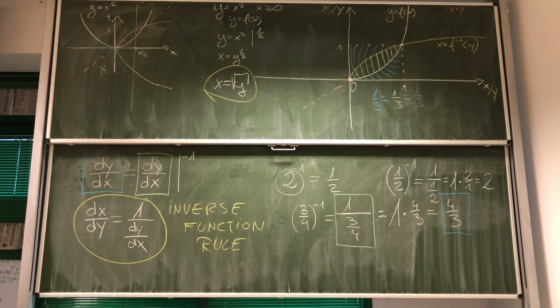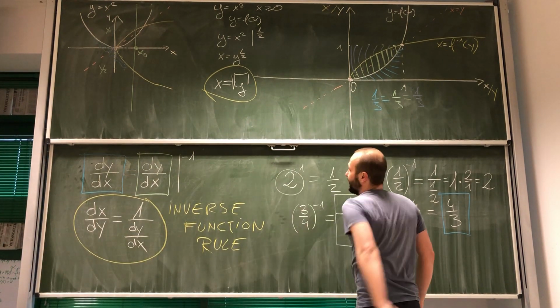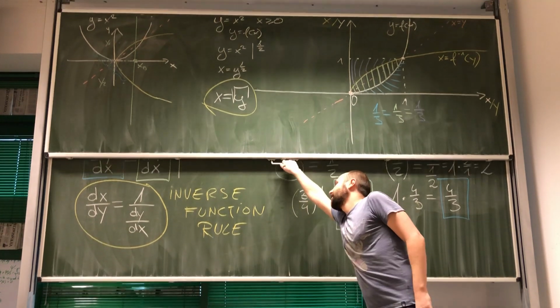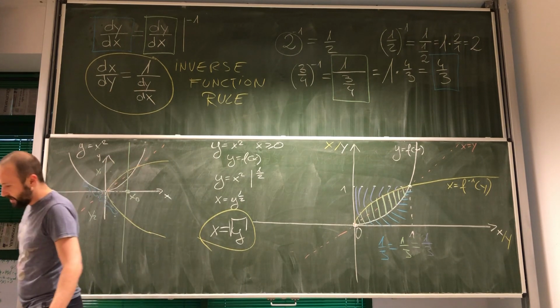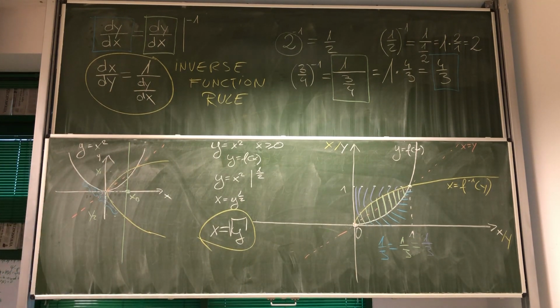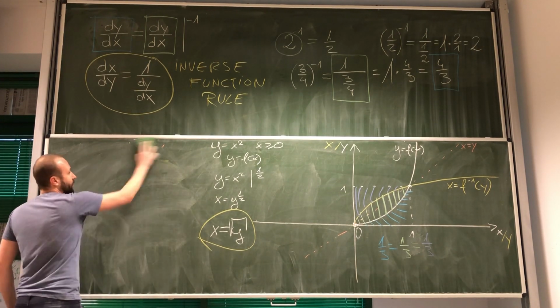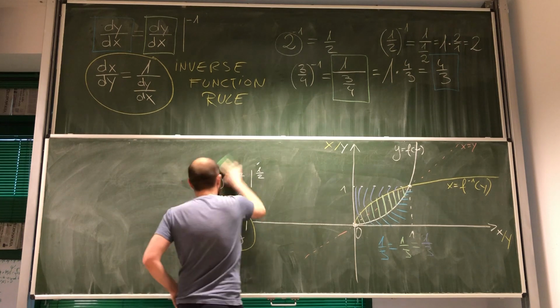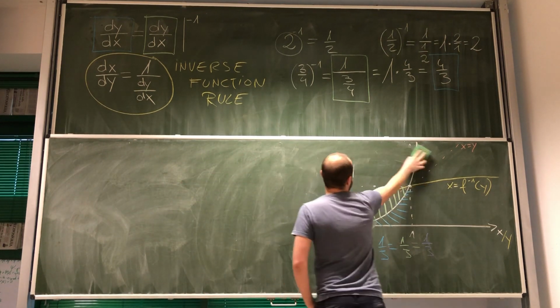Not very complicated to get it, once we know how to use the -1 power. Knowing the inverse function rule, as long as the inverse function exists, we can calculate the derivative of the inverse function.